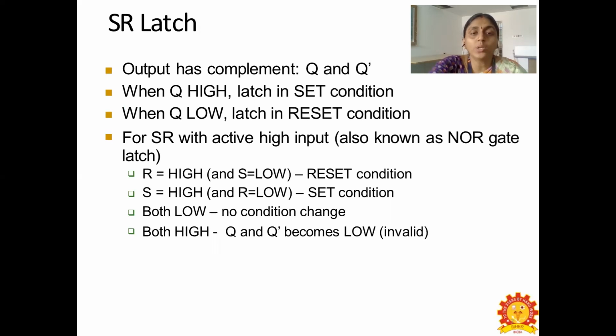For SR with active high input, also known as the NOR gate latch, in the reset condition R is high and S is low, and in the set condition S is high and R is low. If both R and S are low, there is no change in condition. If both R and S are 1, then Q and Q dash become invalid.